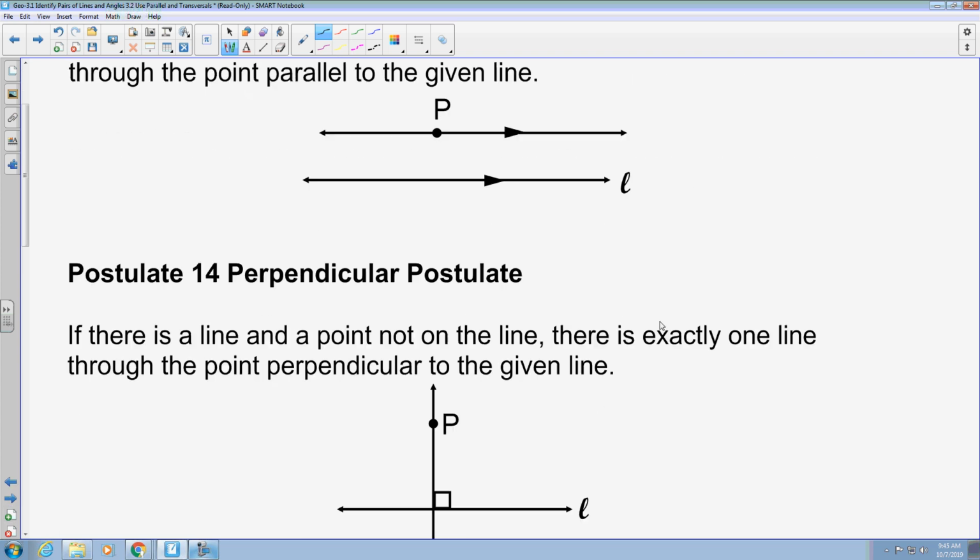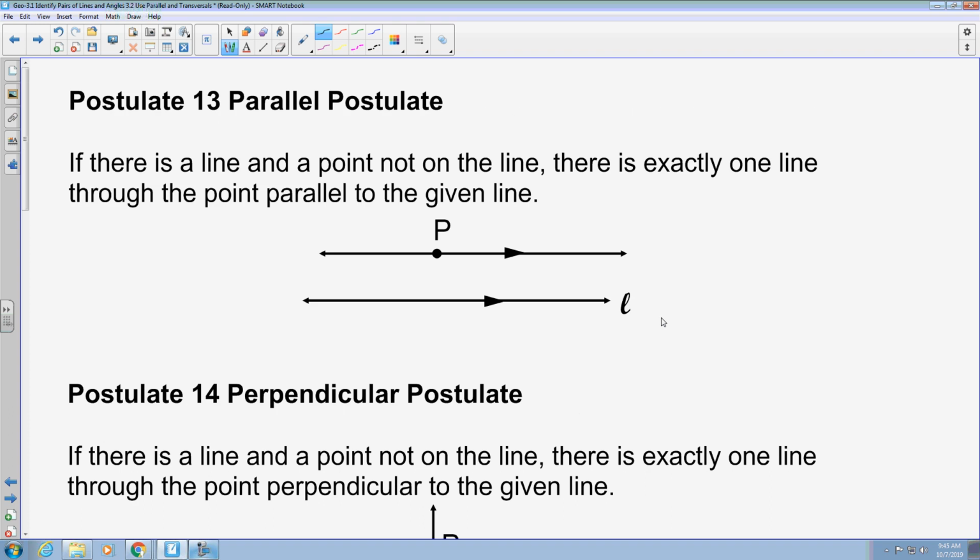All right, so we got two postulates to look at here. Postulate 13, the parallel postulate, states that if there is a line and a point not on the line, there is exactly one line through the point parallel to the given line.